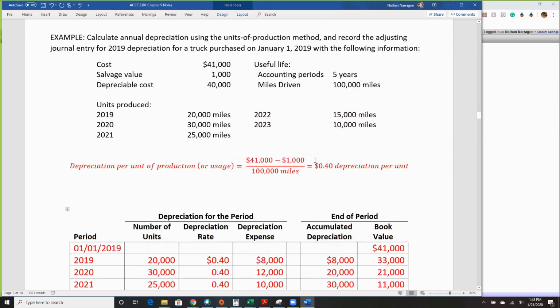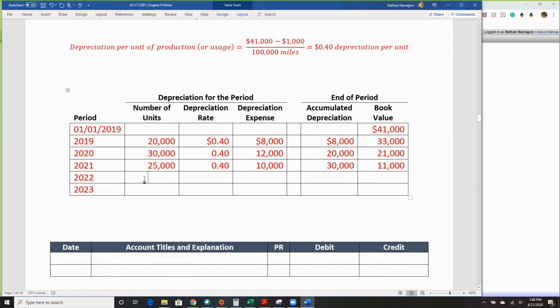So again, 2022 with our 15,000, we have 6,000. How much accumulated depreciation should I have? Or what should be the balance in accumulated depreciation at the end of 2022? Good. It will be 36,000. Again, take your prior year and add the new depreciation. Okay.